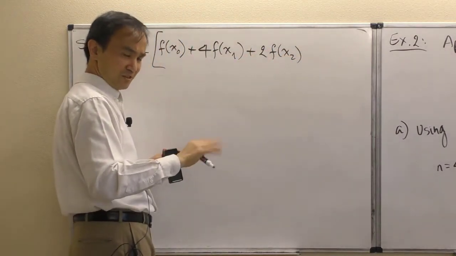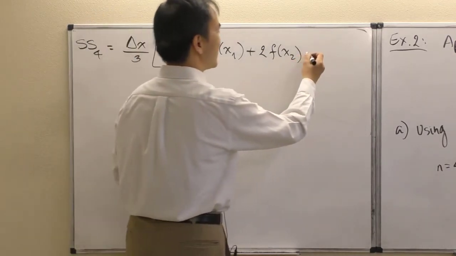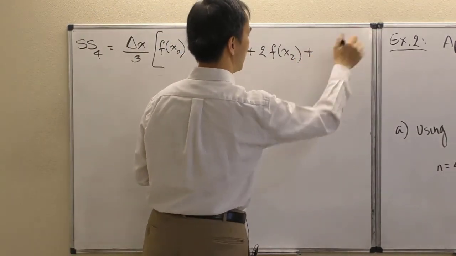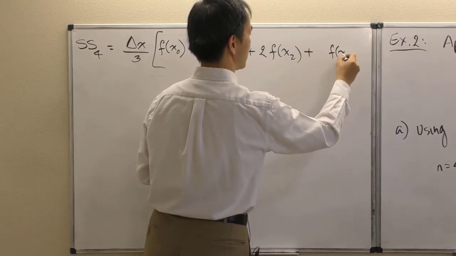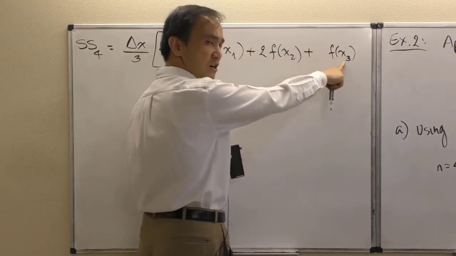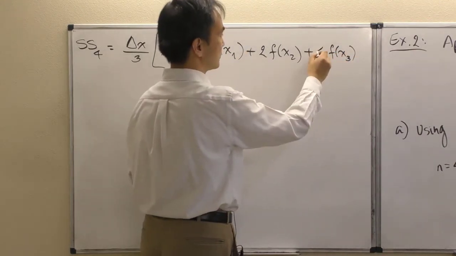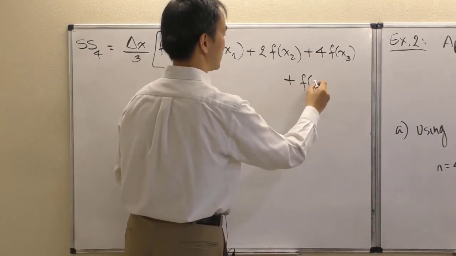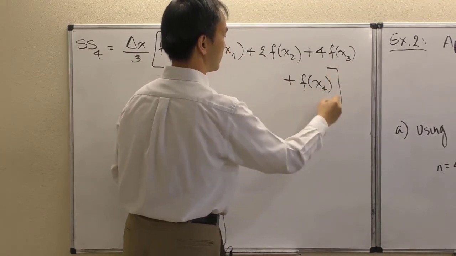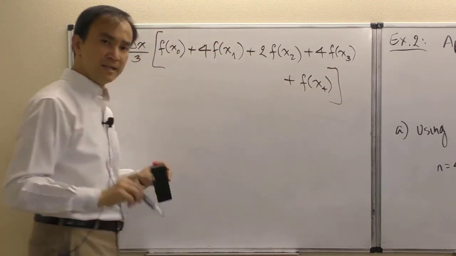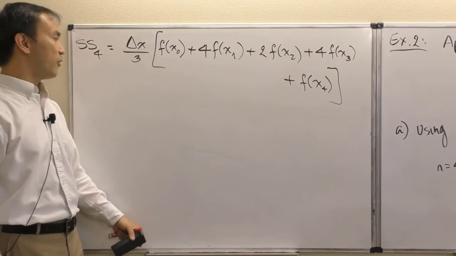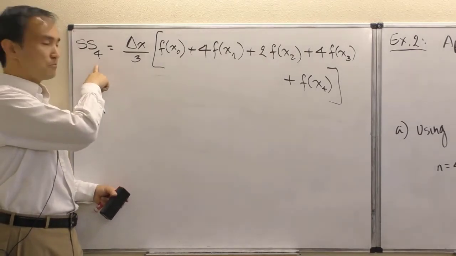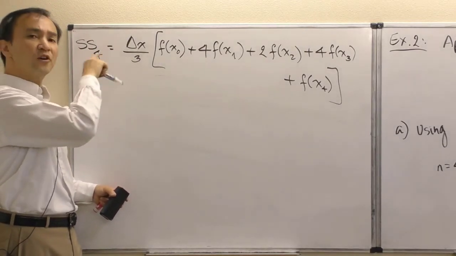You start seeing a generality there. The next one is f of x3, another odd index, so coefficient 4. The last one is f of x4, and we leave a coefficient 1 there. That's the formula for Simpson's method using 4 subintervals.